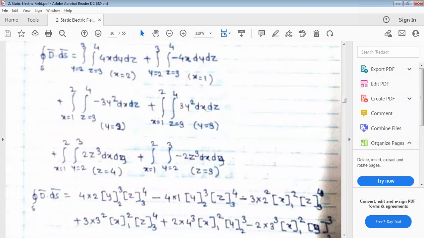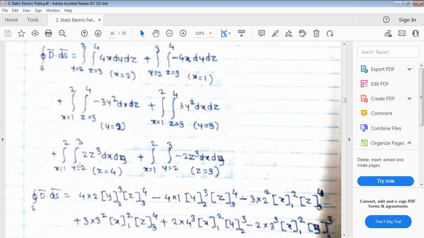Okay, then plus 3. y is 3 here. So 3 into 3², then x from 1 to 2, then z from 3 to 4. Okay, here it is given 3², x from 1 to 2, and z from 3 to 4.